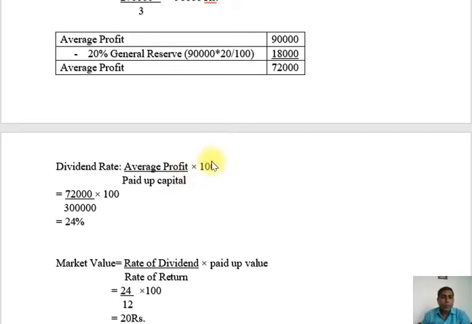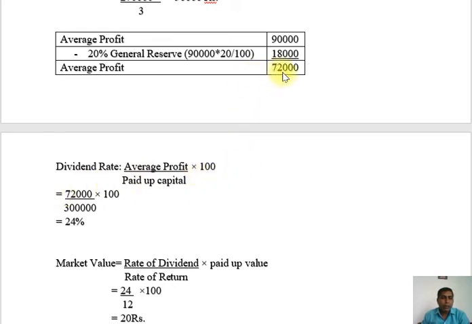In every example you must calculate this dividend rate, and then after you find out your market value. Without finding dividend rate you can't find market value. So when you want to find dividend rate, the equation is average profit upon paid up capital multiply 100.